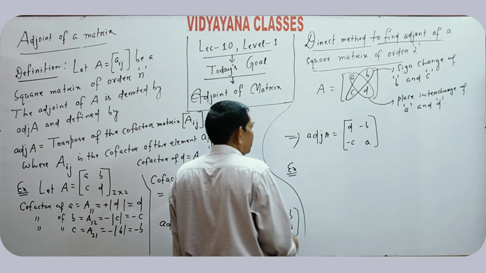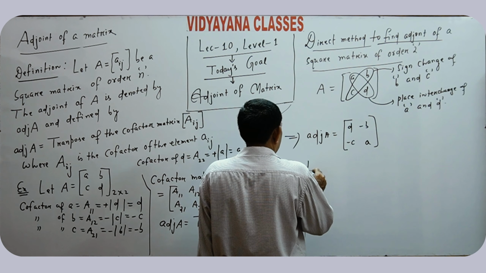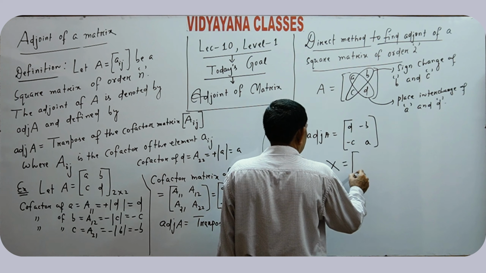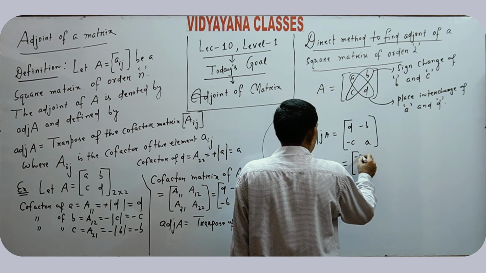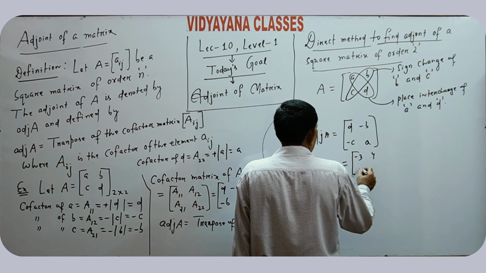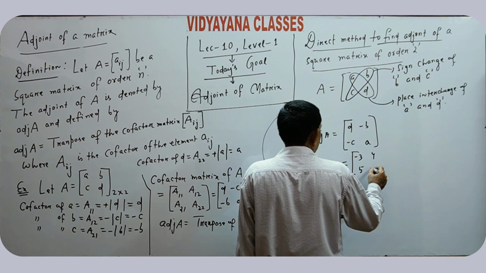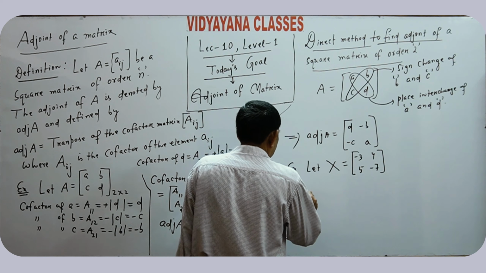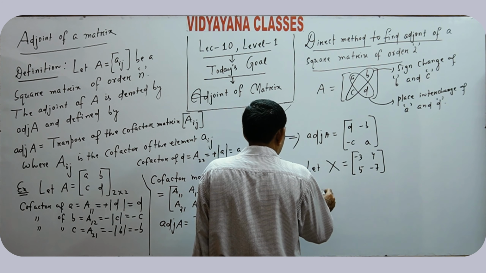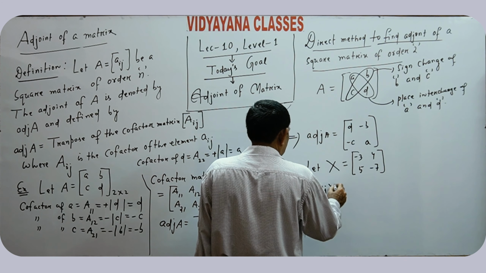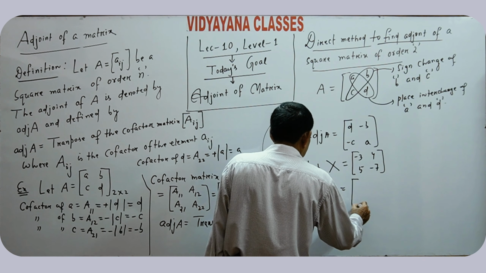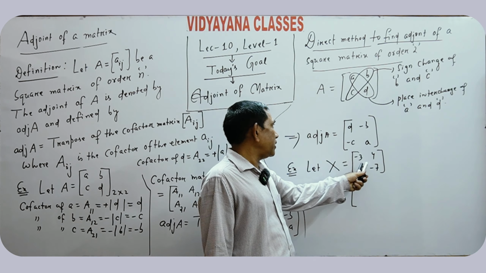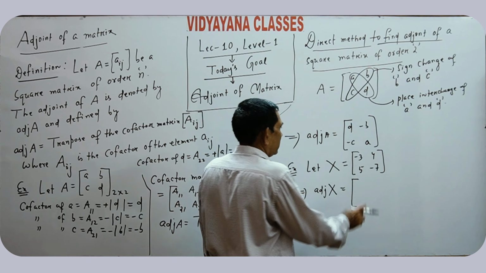Example: let X be a matrix having elements minus 3, 4, 5, minus 7. This implies adjoint X means place interchange of the diagonal elements.